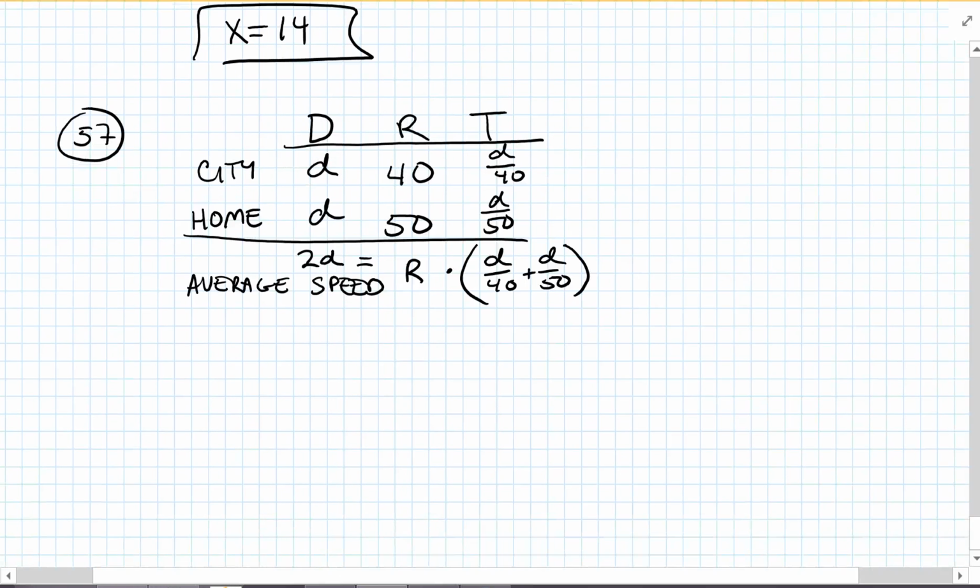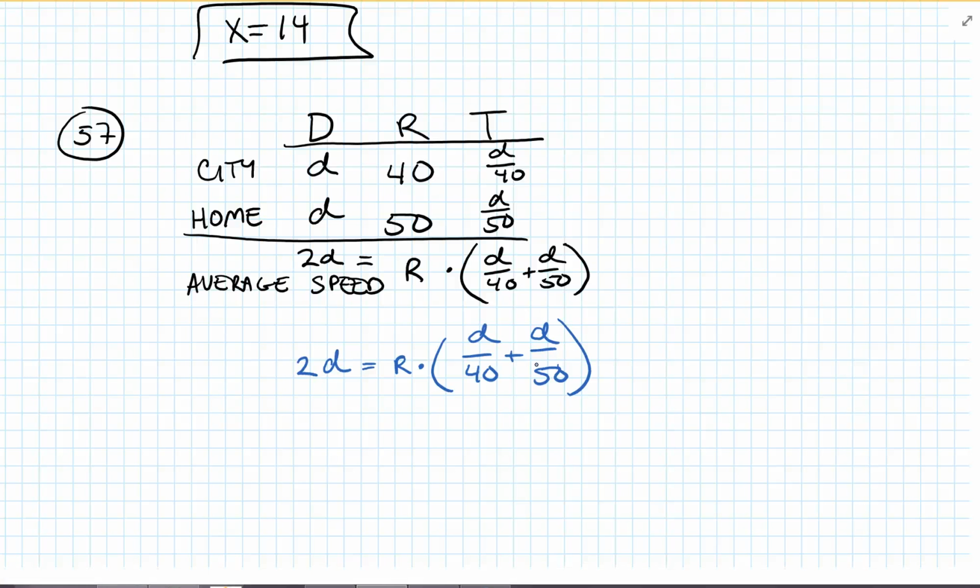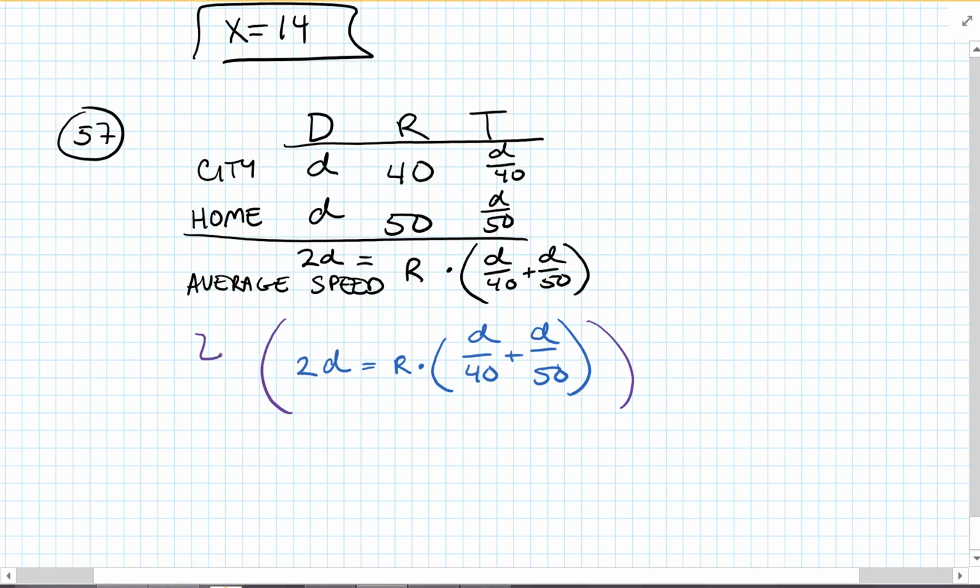Okay, so let's rewrite this a little bit nicer. So it's going to be our total distance, 2D, equals our rate times D over 40 plus D over 50. I'm just repeating what we just did. So what could I multiply everything by across the board to get rid of the denominators? Well, 200 seems to work, so let's multiply everything by 200.